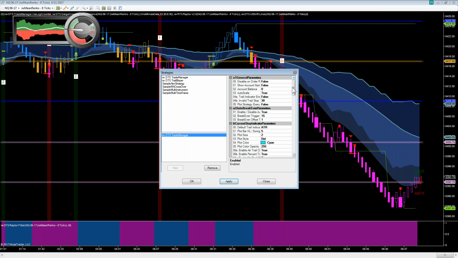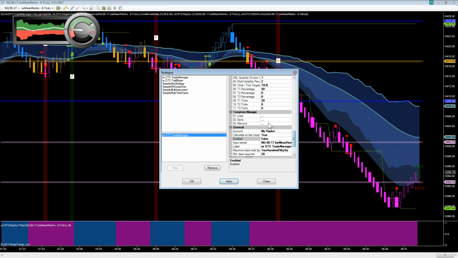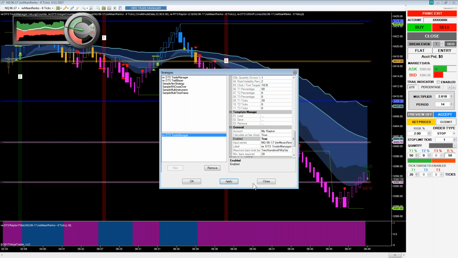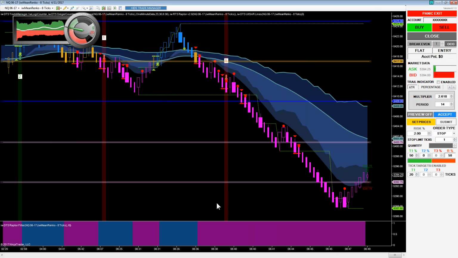When you have everything set up the way you like, I recommend that you save everything as a template. Just give it a name, whatever you want to call it. And then remember here to turn your trade manager back on. Click Apply, and now you have the auto break even function enabled.